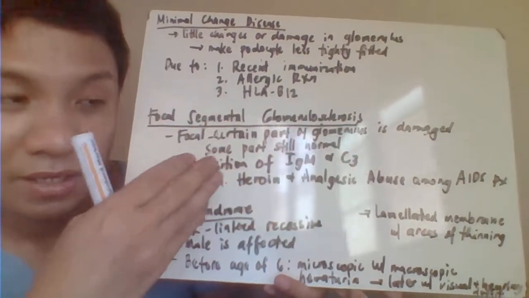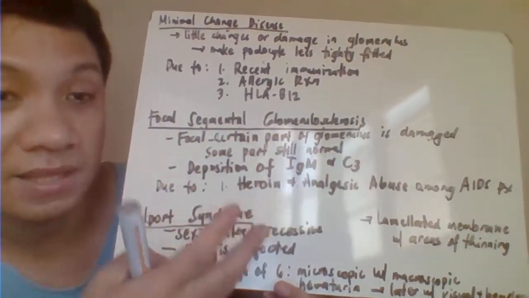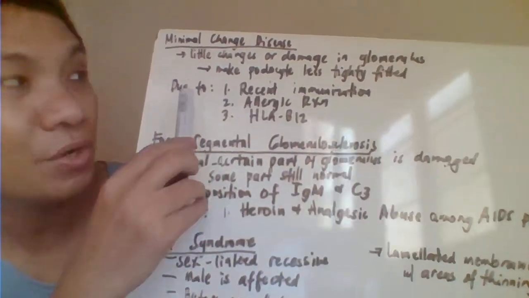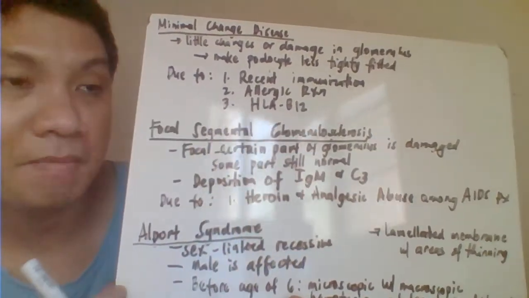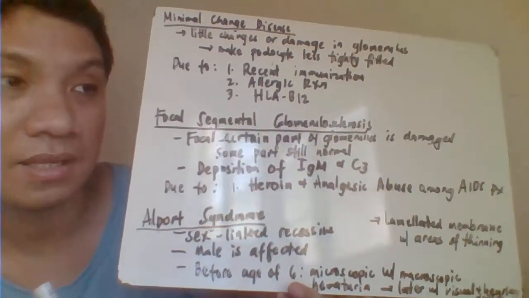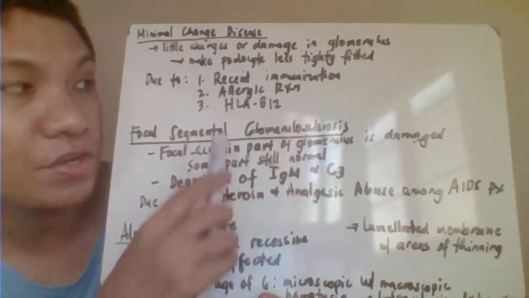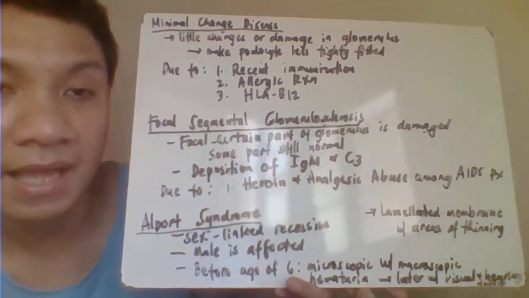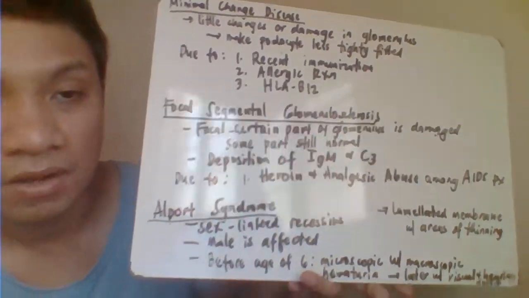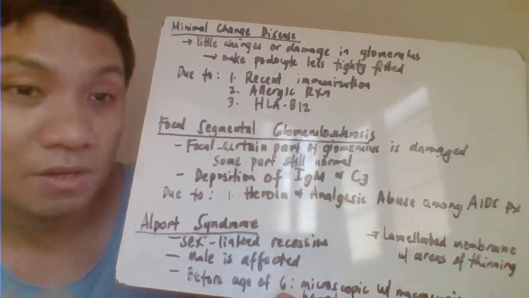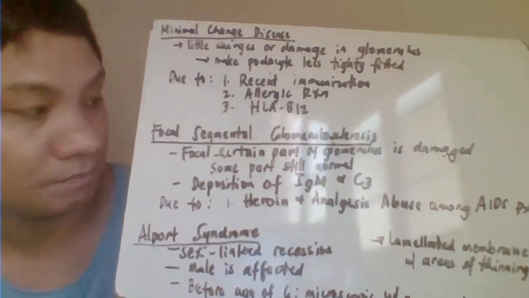So medyo lumalaki din ang butas ng ating glomerulus with minimal change disease. Okay, so this minimal change disease here may be related to the following: recent immunization, we have also allergic reaction, or even the presence of a human leukocyte antigen B12. Again, those are the predisposing factors that would eventually result to your minimal change disease.